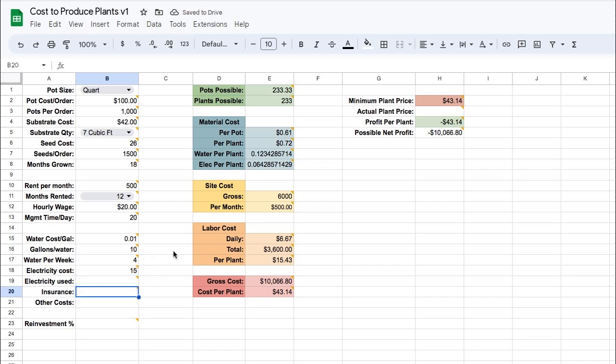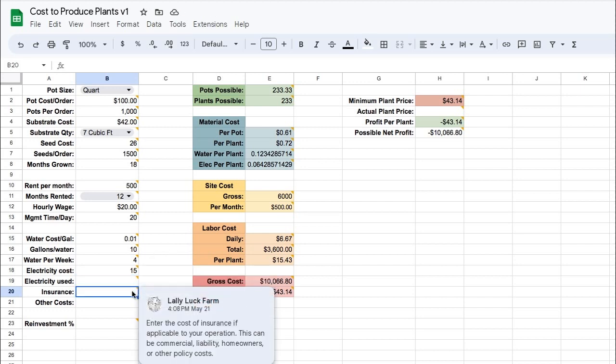and I can go on. Now, this field here is if you have insurance that you are trying to pay for with your plants. What does that look like for you? What is the actual cost of being sure that you can attend a market stall? Our table at market costs us for a liability policy.